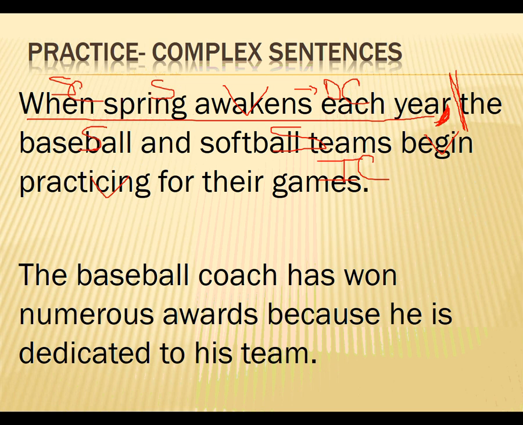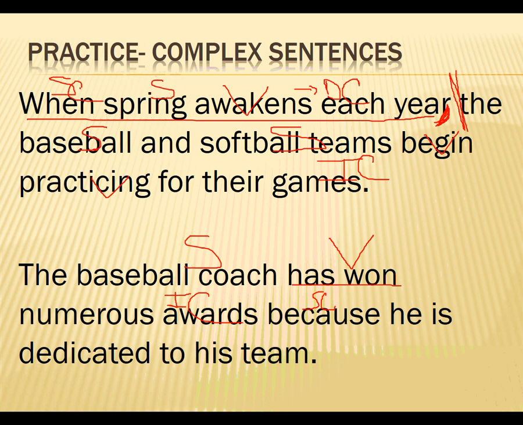The baseball coach has won numerous awards because he is dedicated to his team. The subject of the first clause is baseball coach. The verb phrase is has won. What has he won? He's won numerous awards. That phrase finishes the independent clause. I see a subordinate conjunction, the word because.